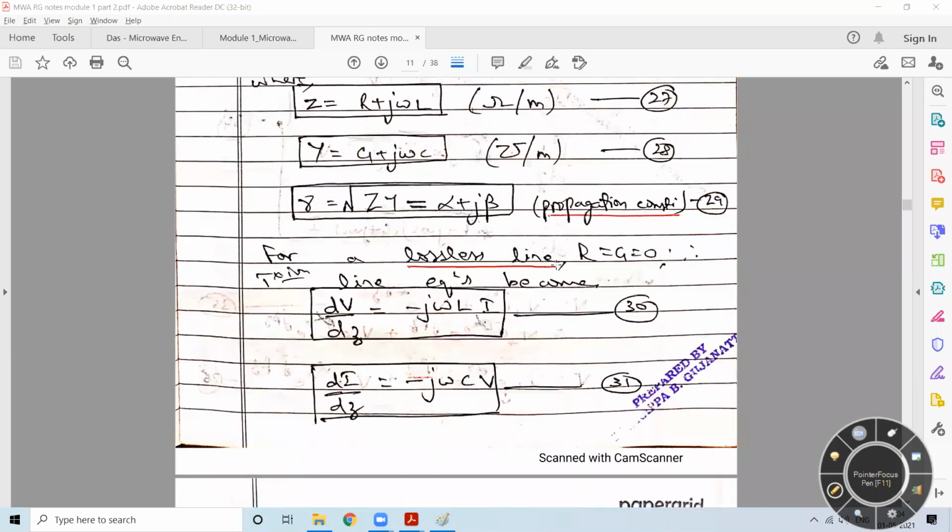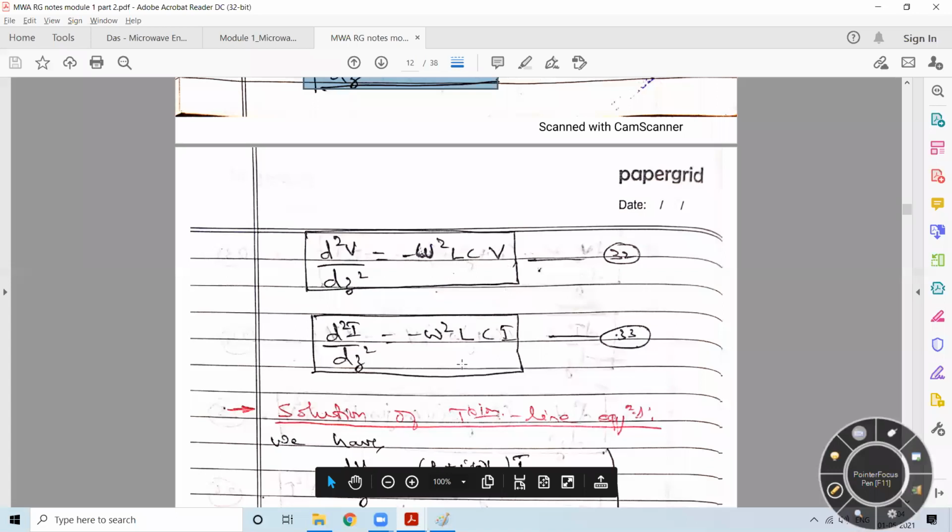For a lossless line, R and G are considered 0, and when you simplify the equations, these are the equations we end up with: minus ω²LC V and minus ω²LC I.